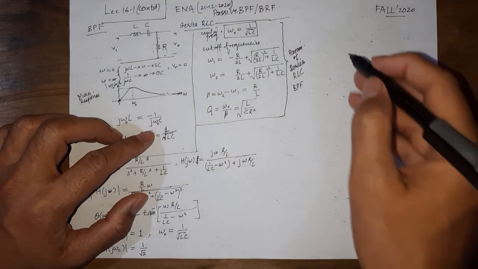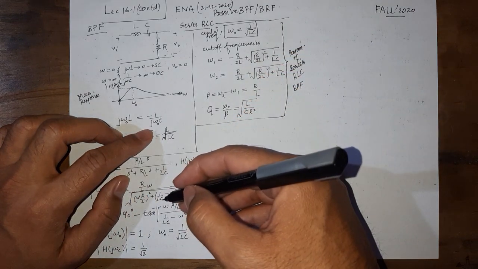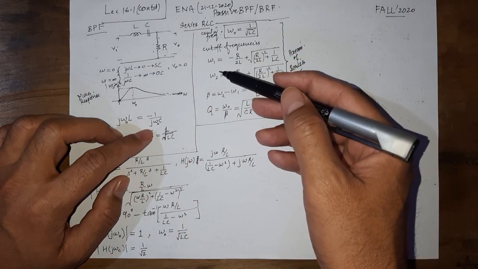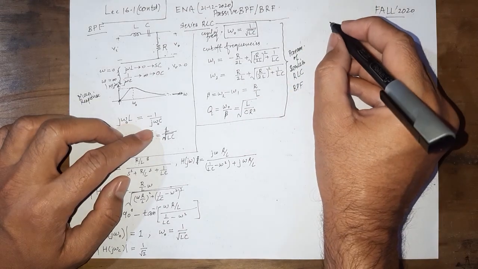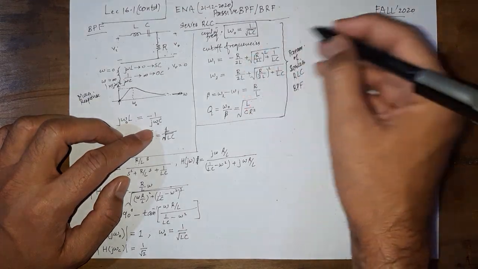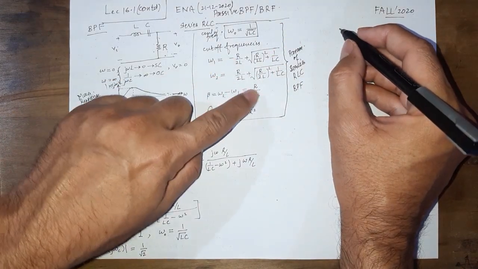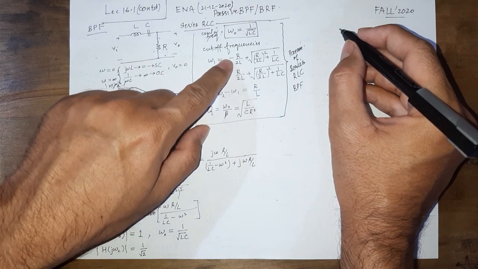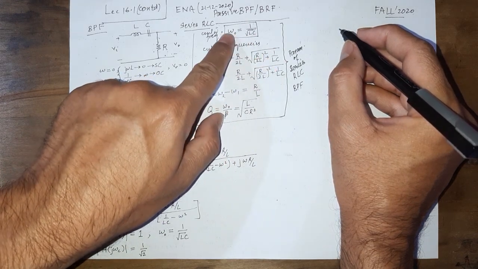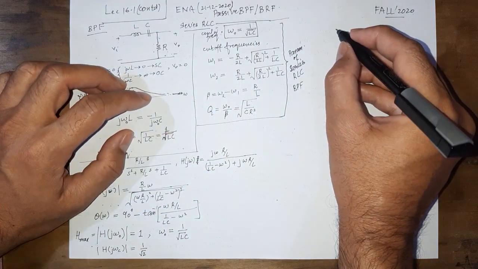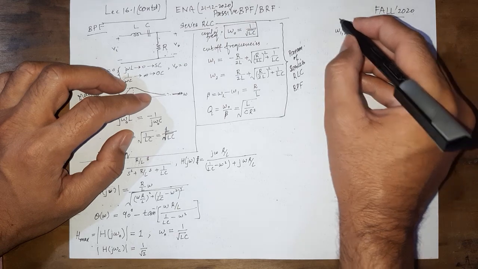However, if we put our knowledge of what omega 1 is, omega 2 is, beta is, Q is, omega naught is, then we can see that from these expressions we can work out, because we know that R by L is beta. So basically this term is minus beta by 2, and 1 over LC is the square of omega naught.